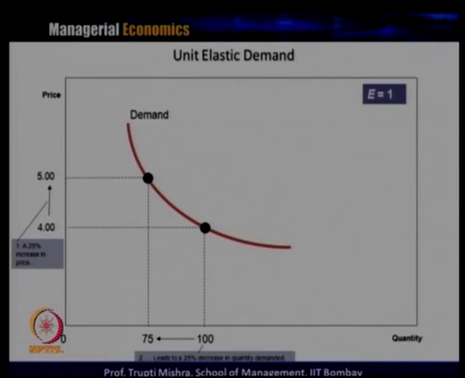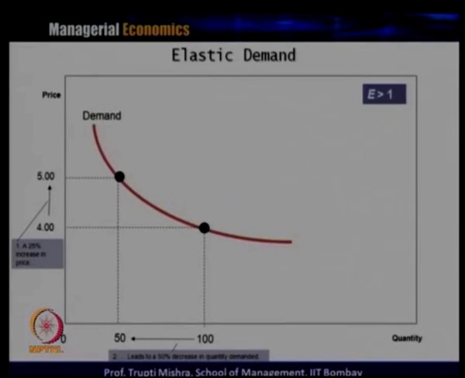The percentage decrease in the quantity demanded is 25%. So, a 25% increase in price leads to a 25% decrease in the quantity demanded. The proportionate change in the quantity demanded is equal to the proportionate change in the price, and that is the evidence of unit elasticity of demand, where elasticity of demand takes a value equal to 1.